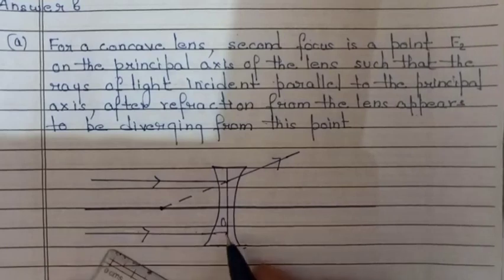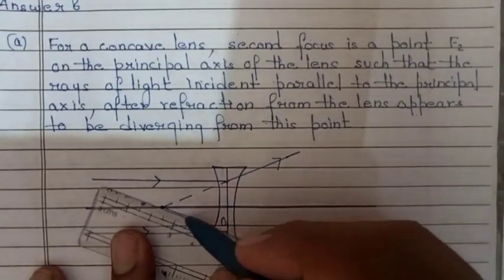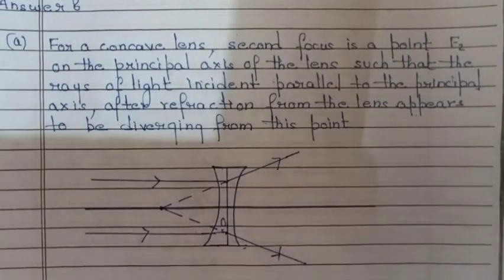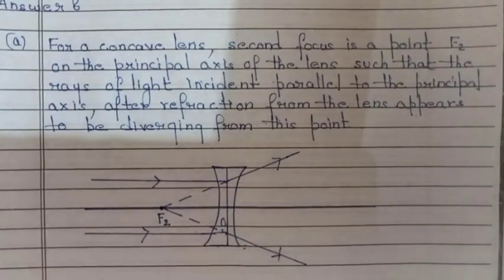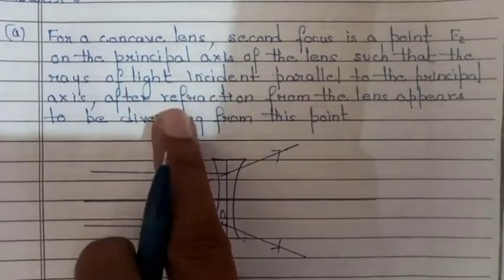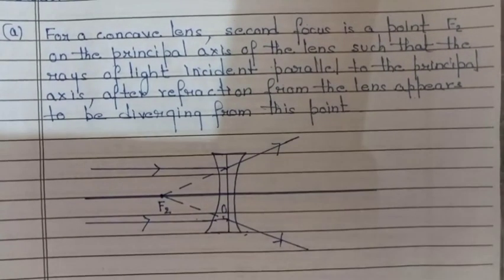So this ray, when it is refracted, will appear to be coming from this point. This point will be termed as the second focus. So this is how we can draw the diagram for the second focus of a concave lens. We have used this definition and drawn the diagram. Hope this is clear to you.